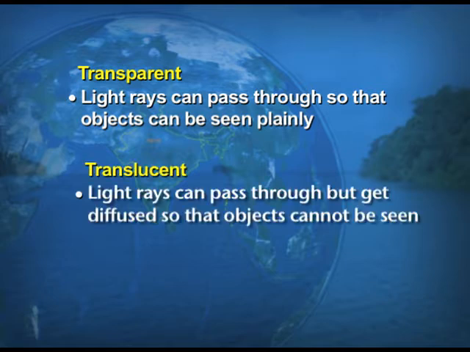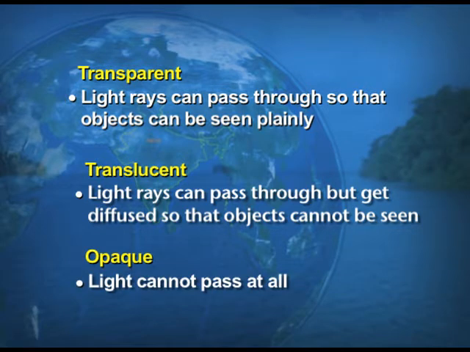But under the translucent, the light passes through, but it gets diffused, so the objects cannot be seen. And the third type is the opaque. Opaque is when the light cannot pass through. So, these three categories depict the transparency of the mineral.